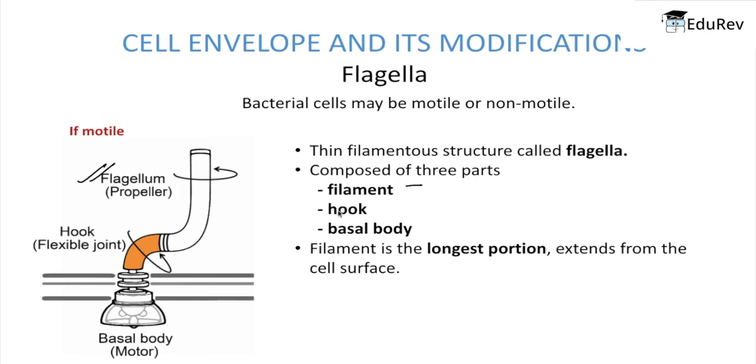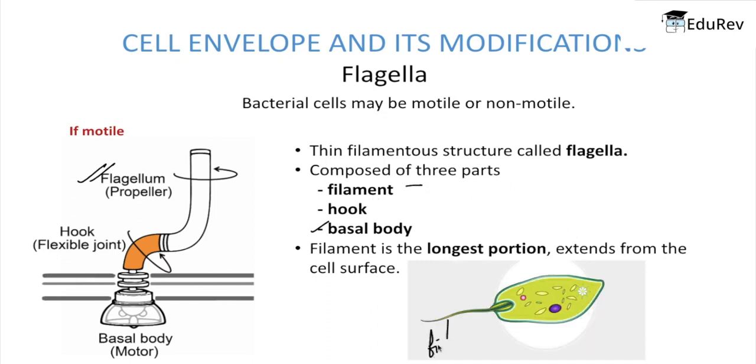Second one is the hook, which is a flexible joint between the flagellum and the cell surface. Third one is the basal body, which provides the motion to the bacterial cell. Among these three parts, the filament is the longest portion that extends from the cell surface of the bacteria.